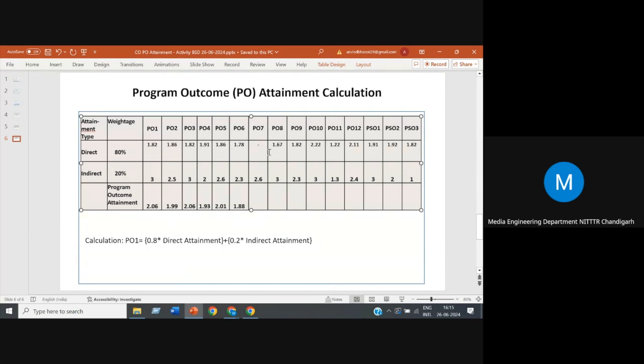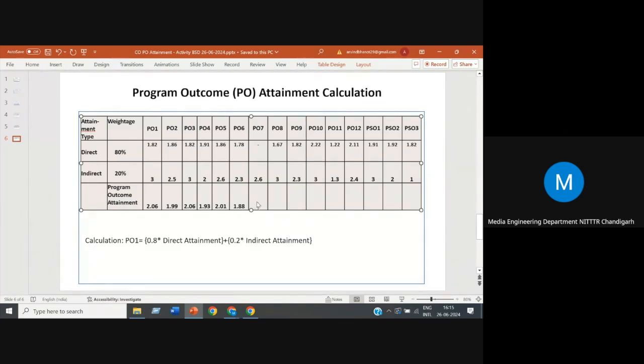I intentionally kept this kind of scenario to highlight this point, that there should be a sufficient number of assessment tools for both direct as well as indirect so that we have values here, right? In this case, if you consider only the indirect part, then you will have that attainment as 2.6, but that will not be correct because the direct part is not reflecting.